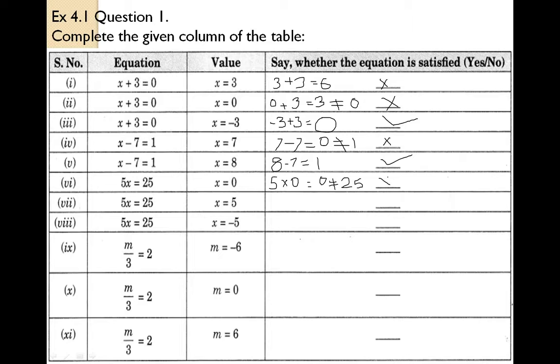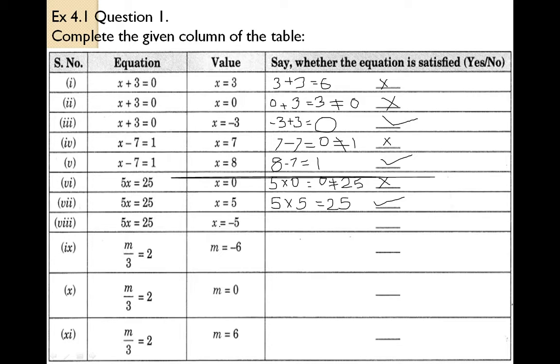So this value does not satisfy the equation. 5x is equal to 25, and we put the value of x that is given as 5. So 5 fives are 25. That means we get the same answer. So this equation is satisfied by the value of x.